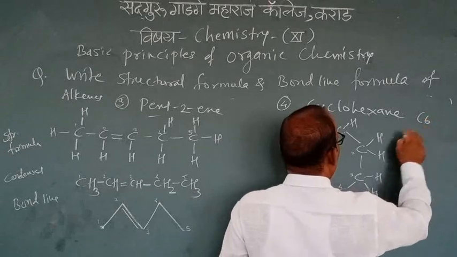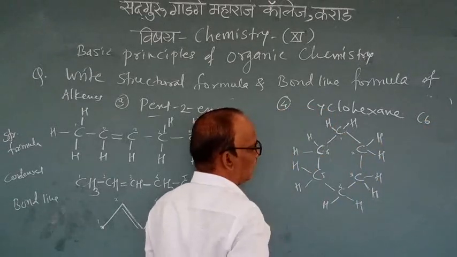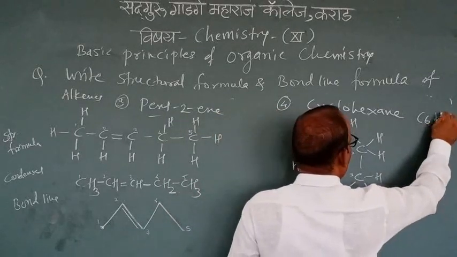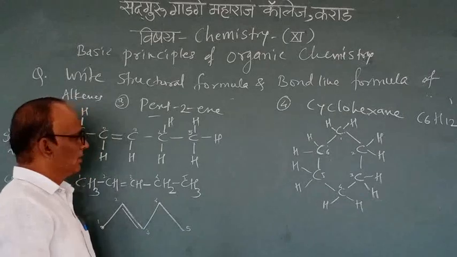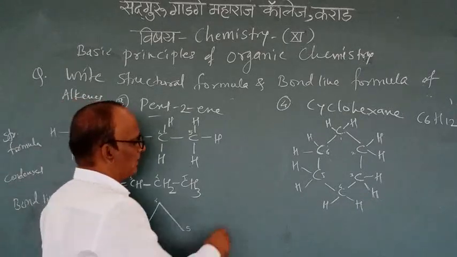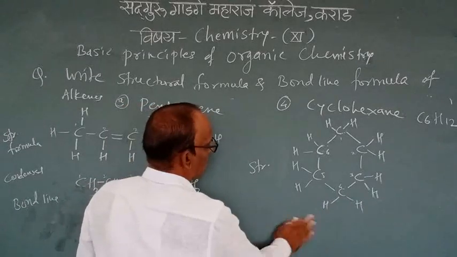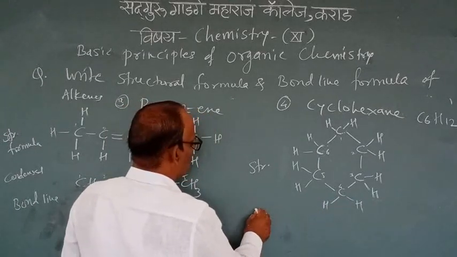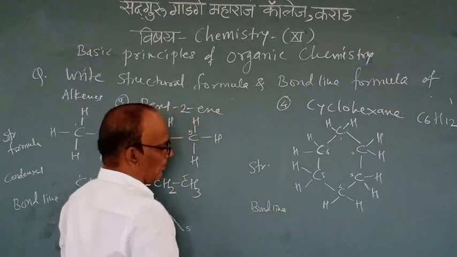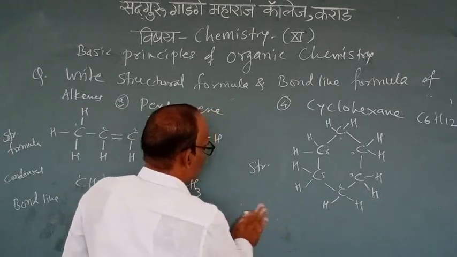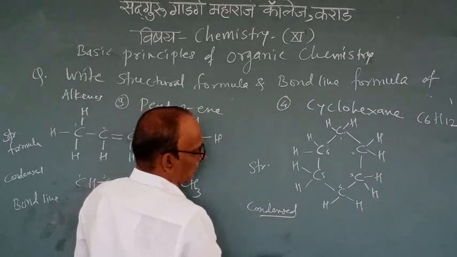Its molecular formula: there are 6 carbon atoms, each carbon bonded with 2 hydrogen atoms, which means hydrogen atoms are 12. C6H12 is the molecular formula of cyclohexane. So this is the structural formula. From this structural formula, we have to draw the bond line formula, or first you write the condensed formula.